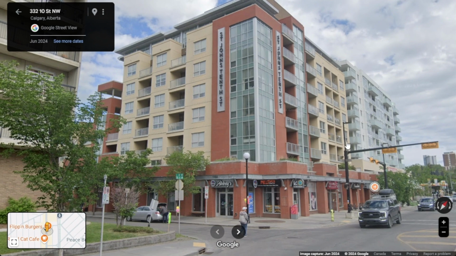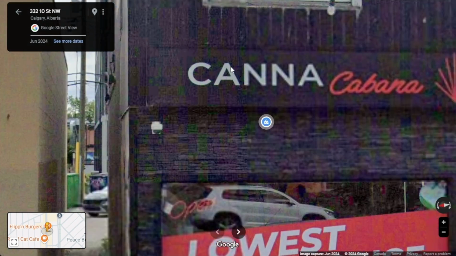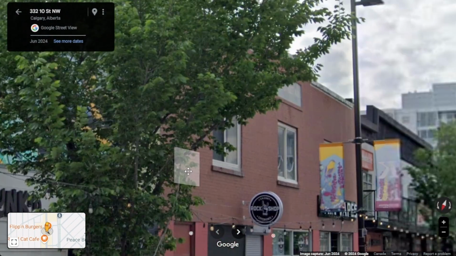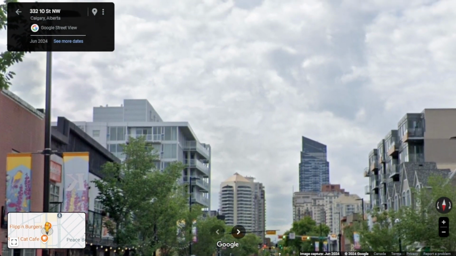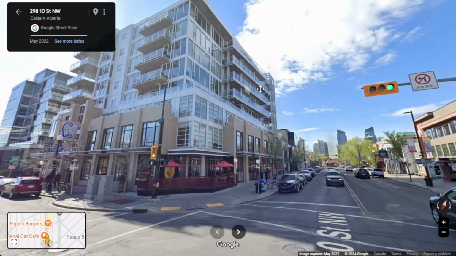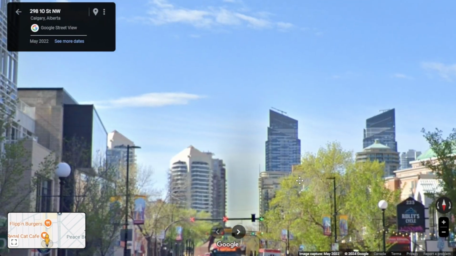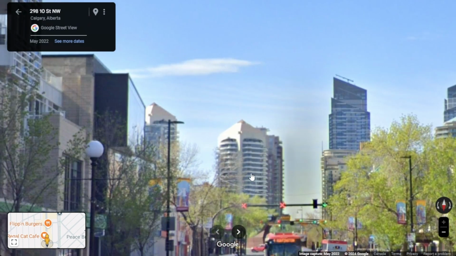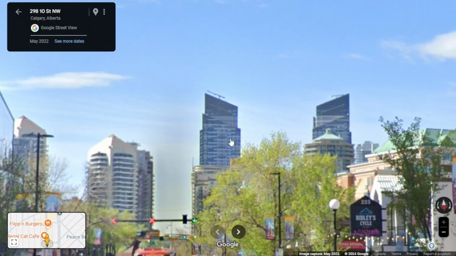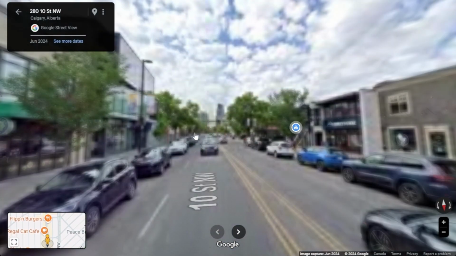This one's a little bit newer. Another crummy old one. Those ones down there are a little newer. See these ones? So these are some apartments or condos or whatever. Again, these are residential buildings right here. I'm not sure about these two actually. But this one here, these ones will be residential, right down by the river.